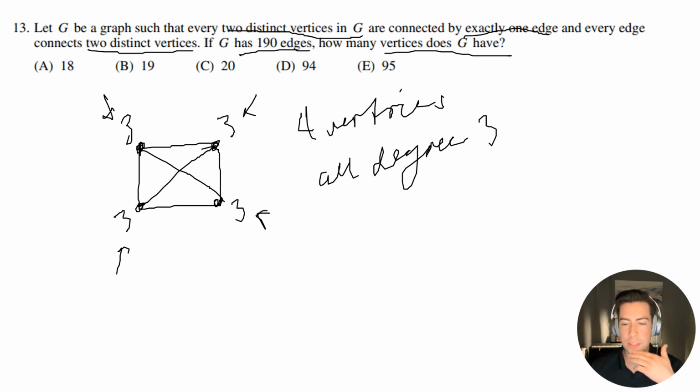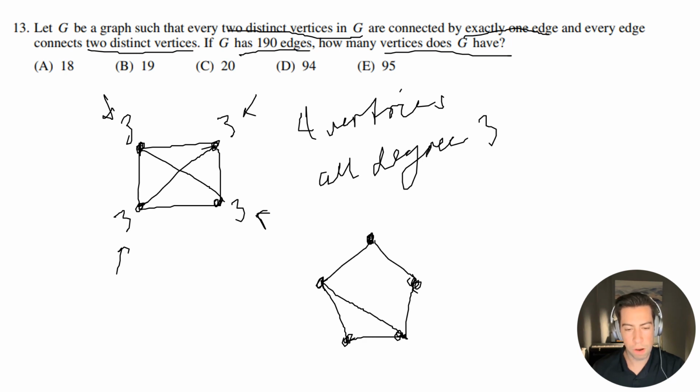Let's go ahead and try expanding this a little bit and see if it works all the time. What happens if I have something with 5 vertices? I would expect that the degree for each vertex is going to be 4, but let's see if that's really true. If I connect all of these uniquely, I can actually do quite a few connections.